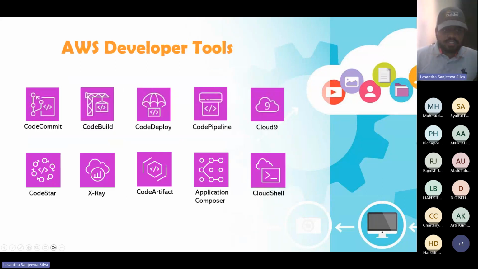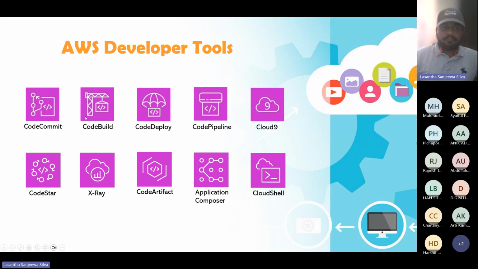Now I'm going to describe the services AWS provides in the CI/CD and DevOps space. First of all, consider CodeCommit. CodeCommit is a fully managed version control system, similar to GitHub or Bitbucket. It allows developers to scale and host private Git repositories. It is integrated with other AWS services and supports collaboration among team members.